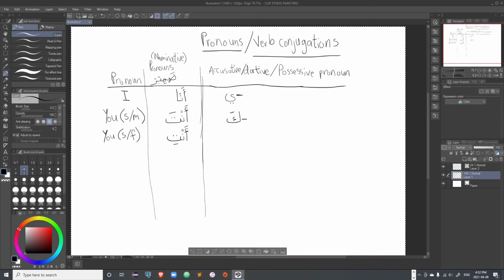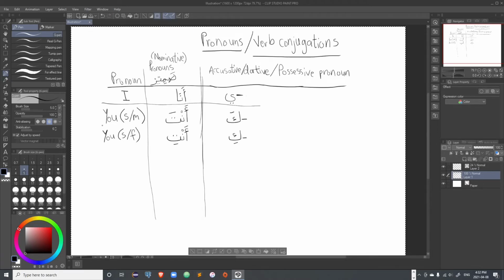And here is the reason why I emphasize the fatha: the suffix for anti is kaf with a kasra. So if I am speaking to a woman, I would say أنا أكلمك. I speak to you or I talk to you, depending on the context used.